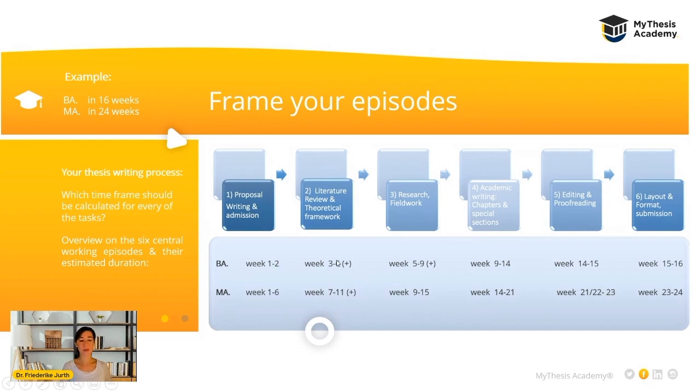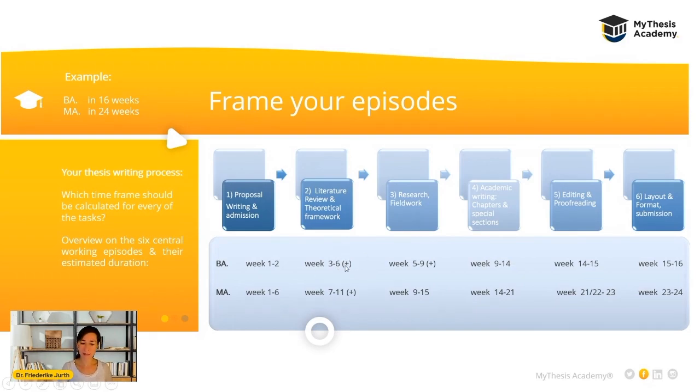This means that you can spend the 3rd until the 6th week, for example, on the literature review and the theoretical foundation in terms of the bachelor thesis, but it can even be more.